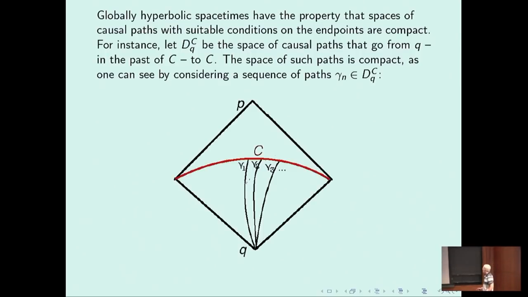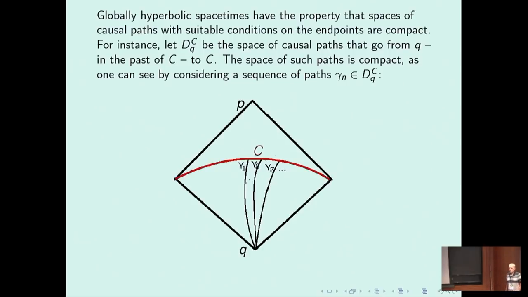So here's a point Q which is in the past of the initial value surface. I've drawn only the part that can be reached causally from Q. And I claim the space of causal paths from Q to C is compact. So I'll explain the beginning of the argument. You look at a sequence of such paths.